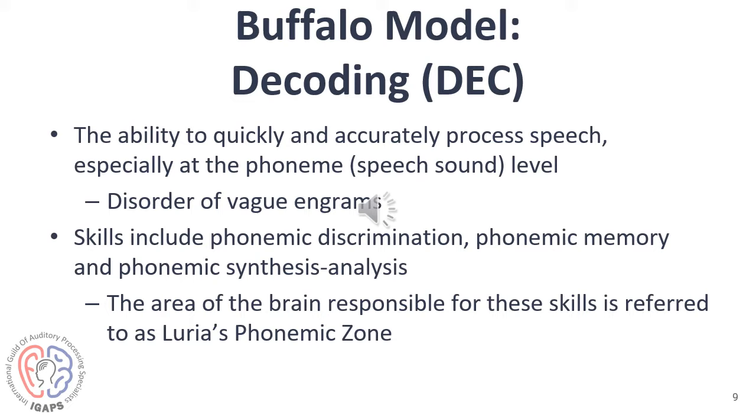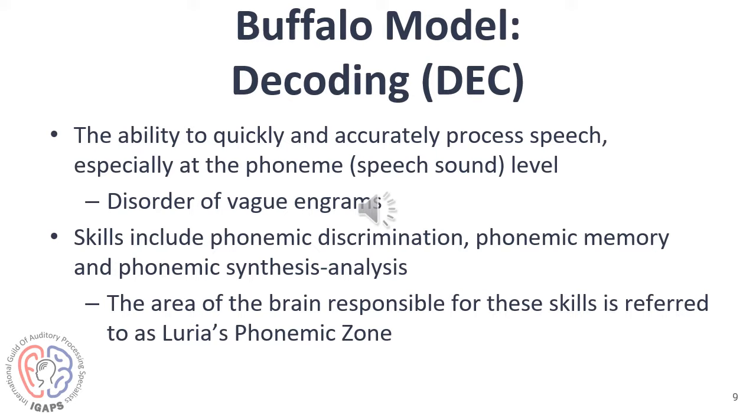The decoding category of the Buffalo model is related to phonemes. Phonemes are the smallest units of words, and words make up sentences. Therefore, phonemes, or speech sounds, are very important for learning languages. One must be able to process individual sounds and hold them in memory long enough to put them together to form a word.